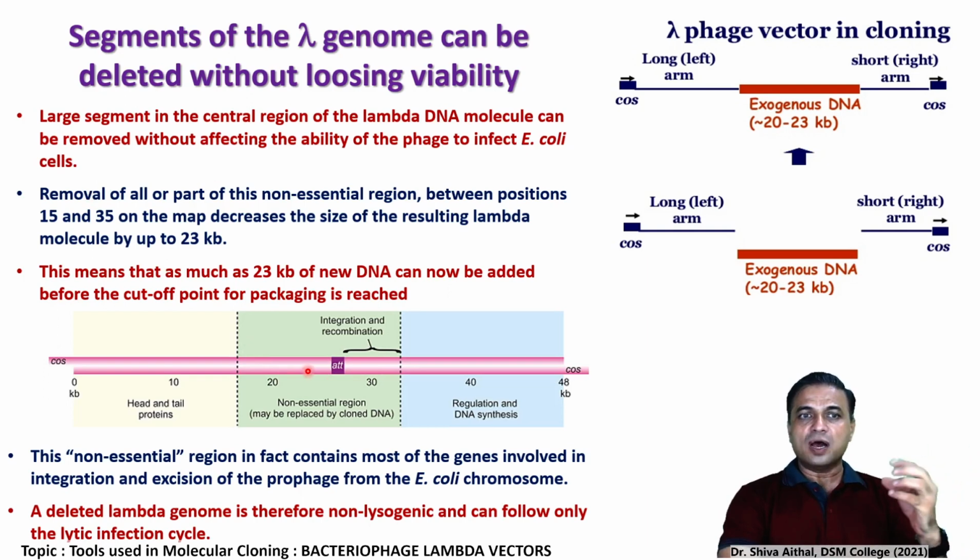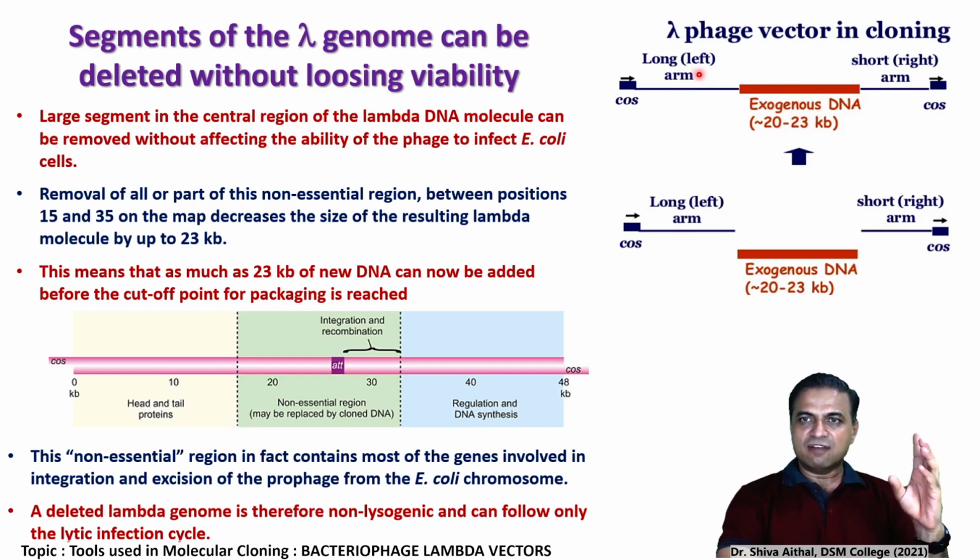Removal of all parts of this non-essential region between the positions 15 to 35 around, this is approximate, you can get different numbers in different literature, but broadly speaking 15 to 35, results in a molecule of around 20-23 kilobases. This means that approximately 20 to 23 kilobases of DNA can be cut off before the packaging is reached.